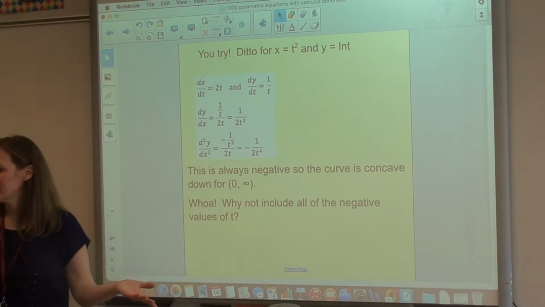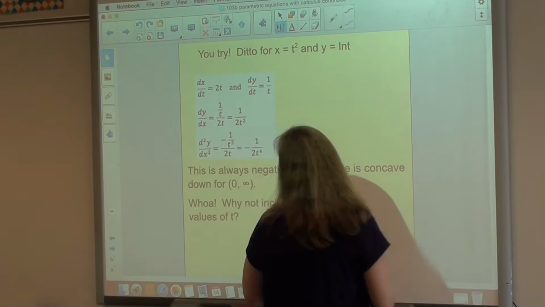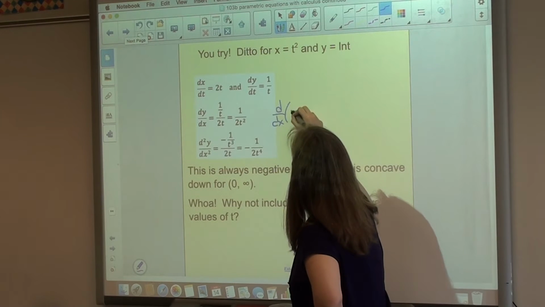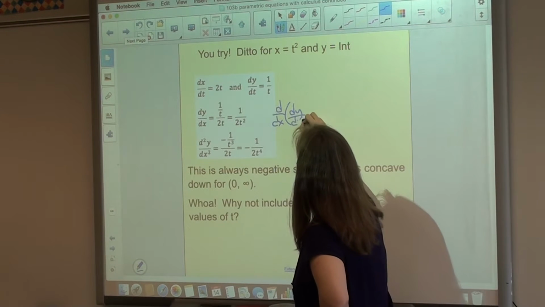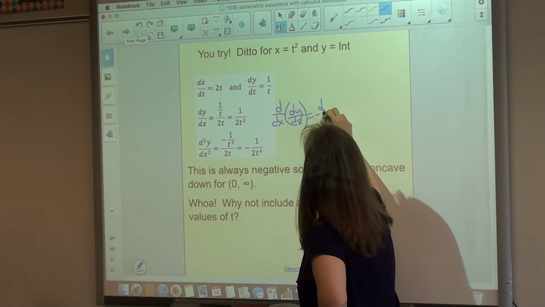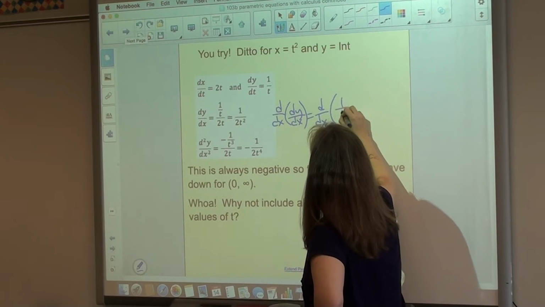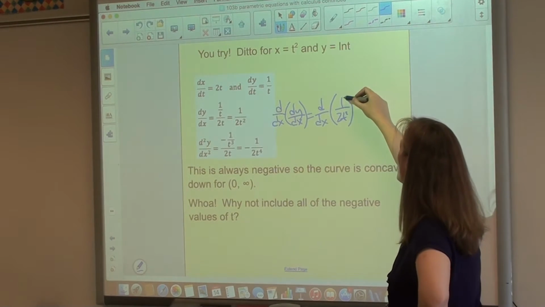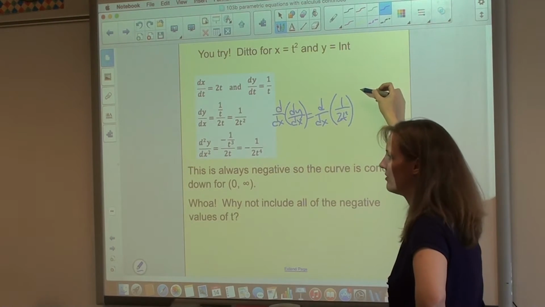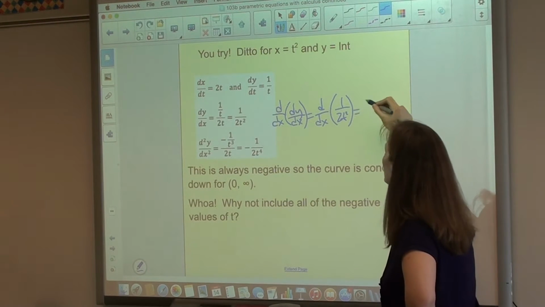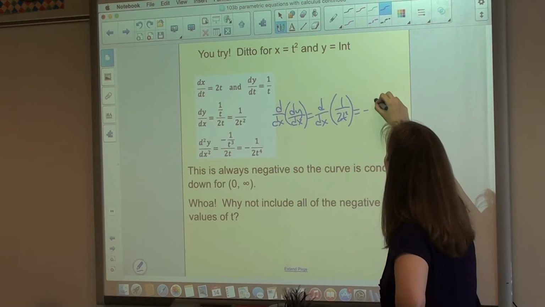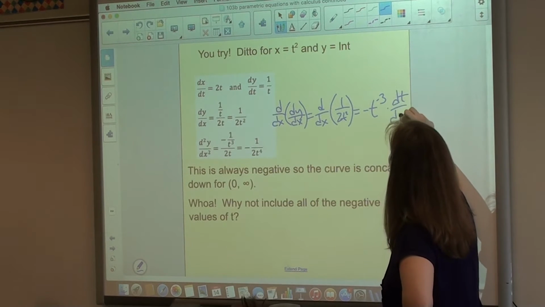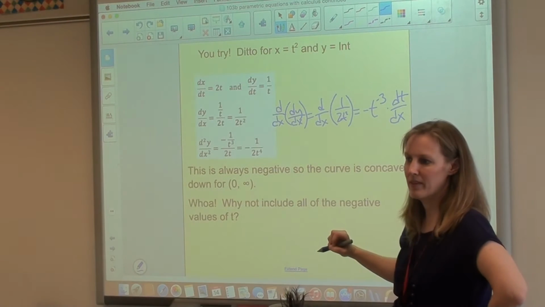If you forget, you could do this, if this helps. So d/dx of dy/dx is d/dx of 1 over 2t squared. 1 over 2t squared is the same thing as 1/2 t to the negative second. So you end up with negative t to the negative third times dt/dx.